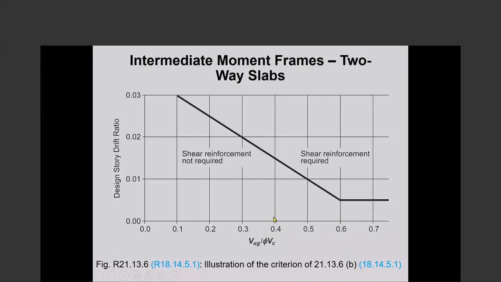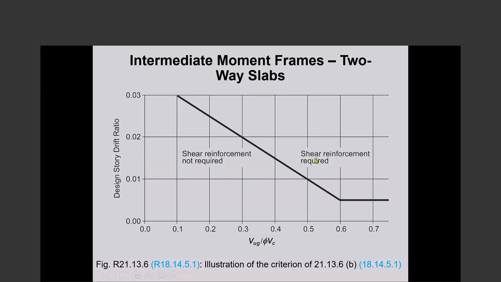Now, if punching shear caused by gravity is 40% of what concrete can carry, then if your building has a design story drift ratio of up to 1.5%, you don't have to worry about punching shear reinforcement. So 0.4 up to 1.5% story drift, no problem.